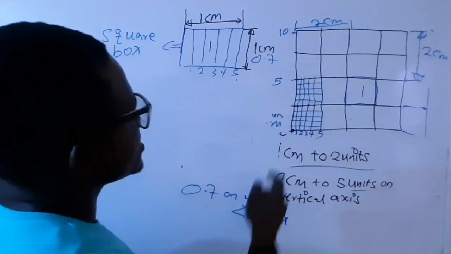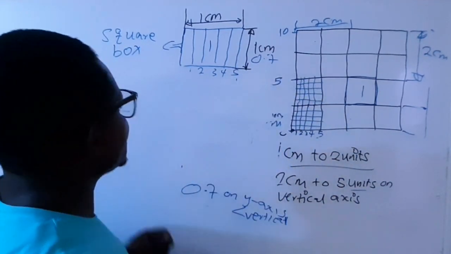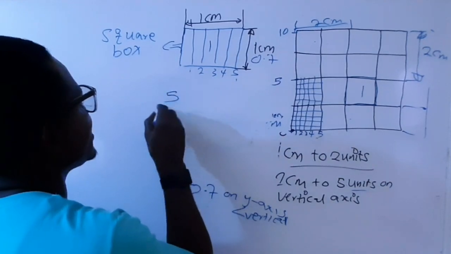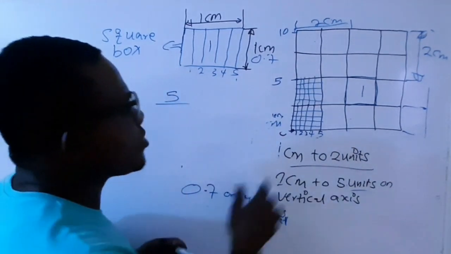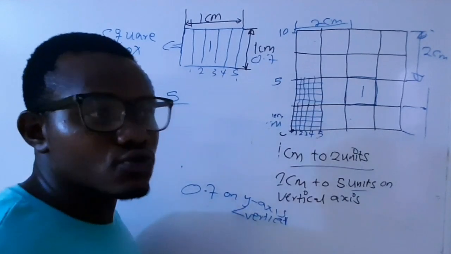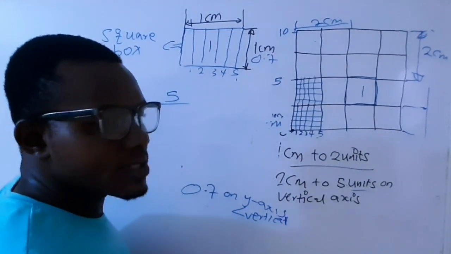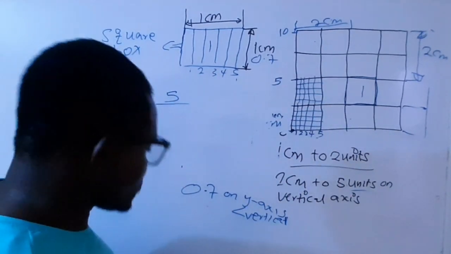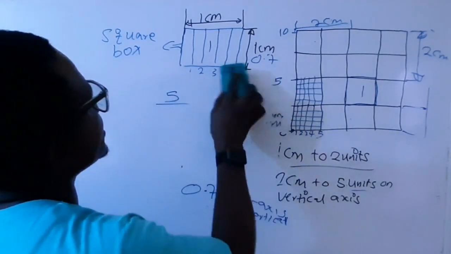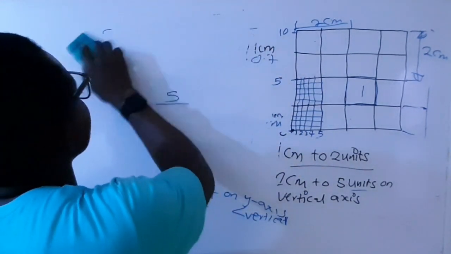Now, the first number I'm seeing here is 5. So we write 5 divided by the number of lines in between. You see now, the number of lines in between. So I think we just need to write the formula for it.